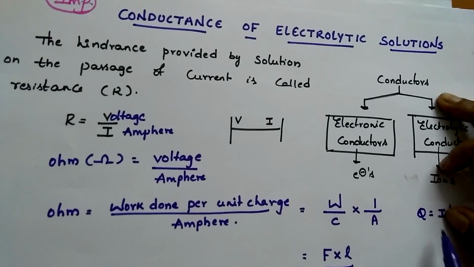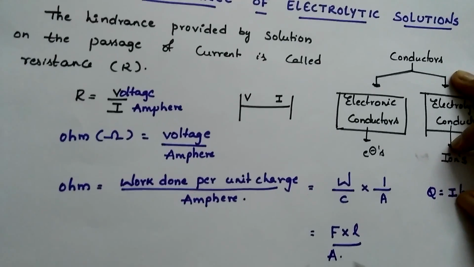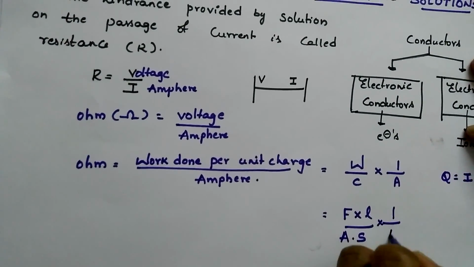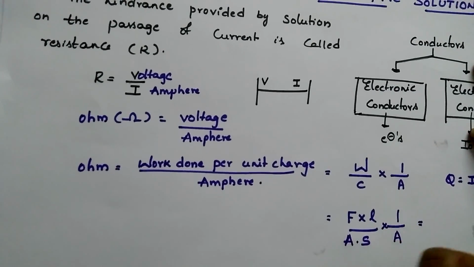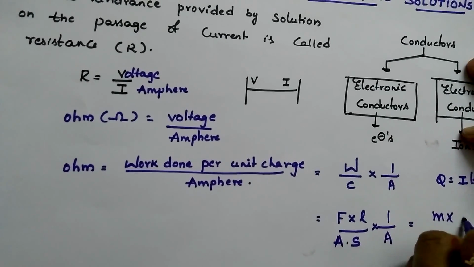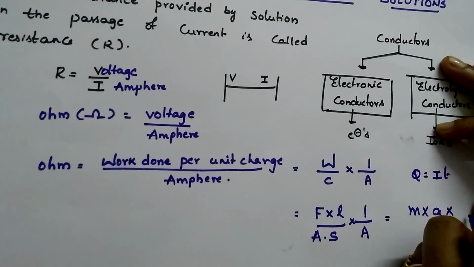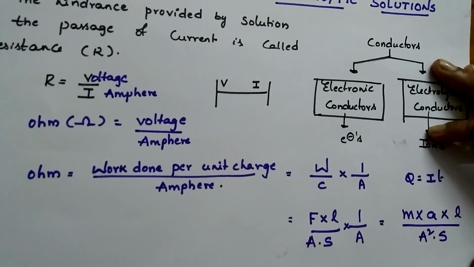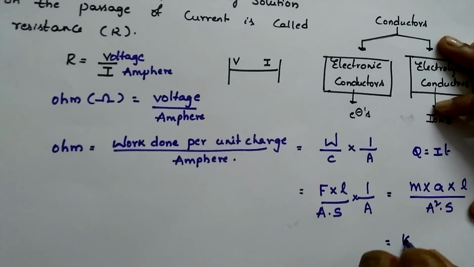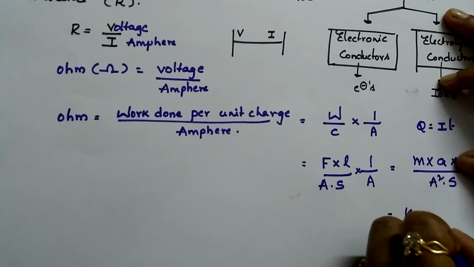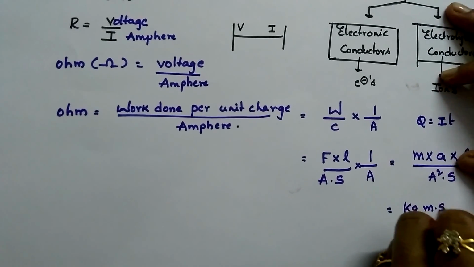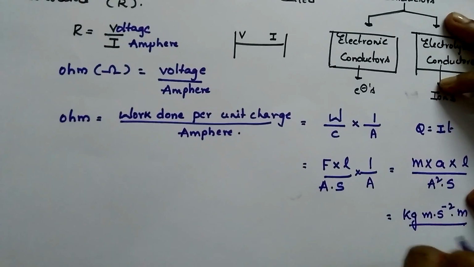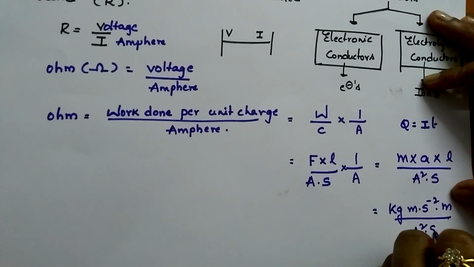I is measured in ampere, time in seconds, into 1 by A. Force is mass into acceleration, into L divided by A square into S. Mass unit is kg, the SI unit; acceleration is meter per second square, and length is meter.